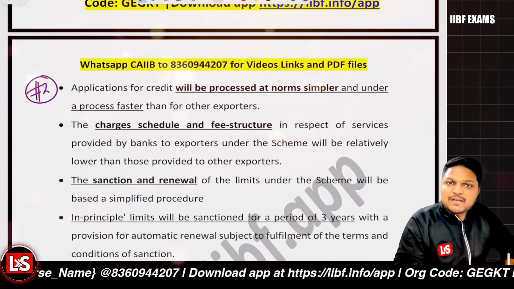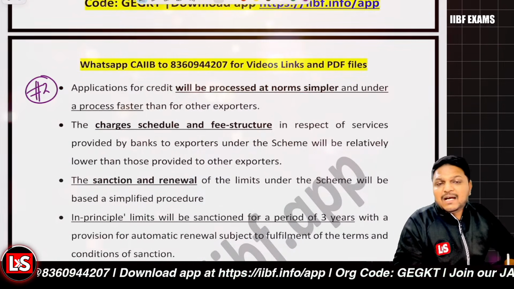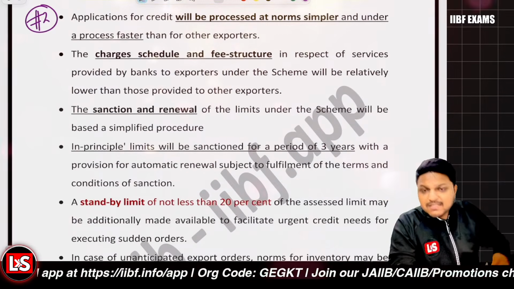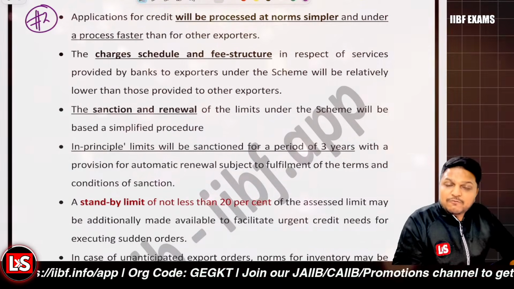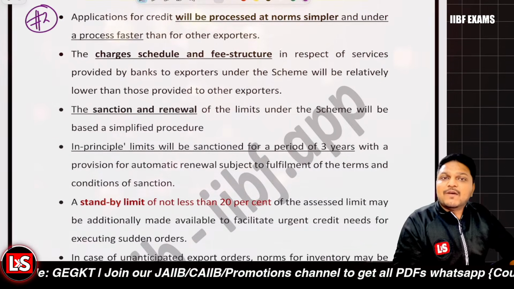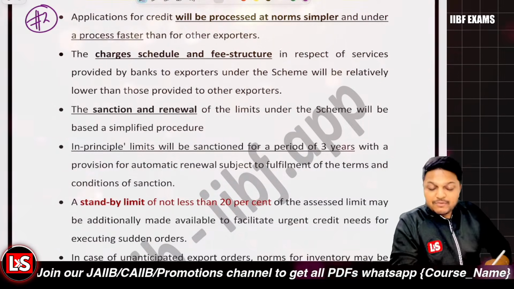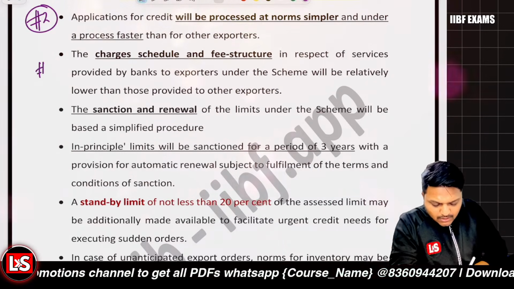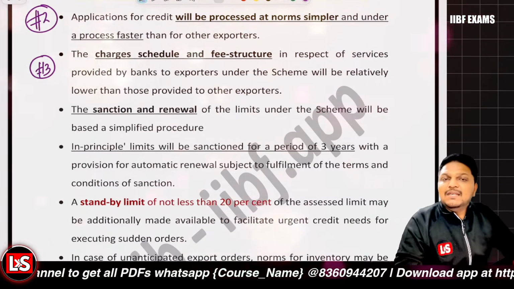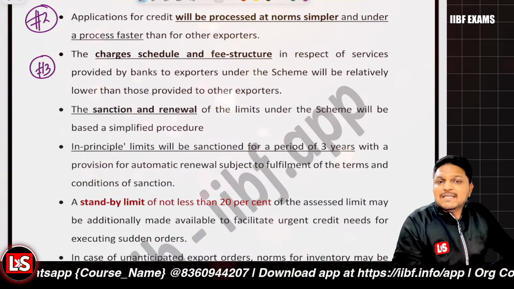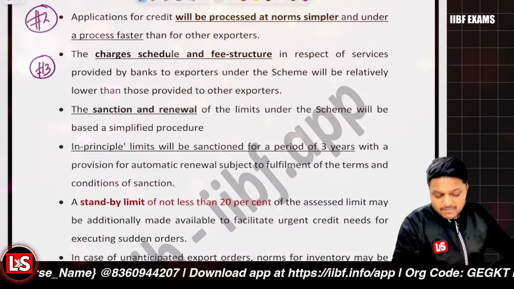The second benefit is related to the processing speed and the simpler norms, and also the charges, or the fee structure, which is to be charged to them in lieu of the services provided to them. Those will be lower as compared to the charges imposed on other exporters. And also for the sanction and the renewal of the limits, there will be simplified procedures.